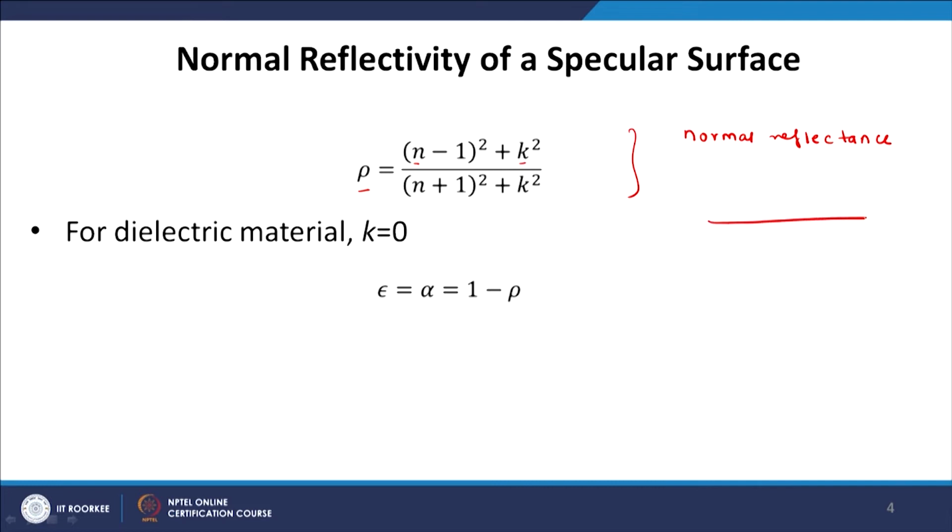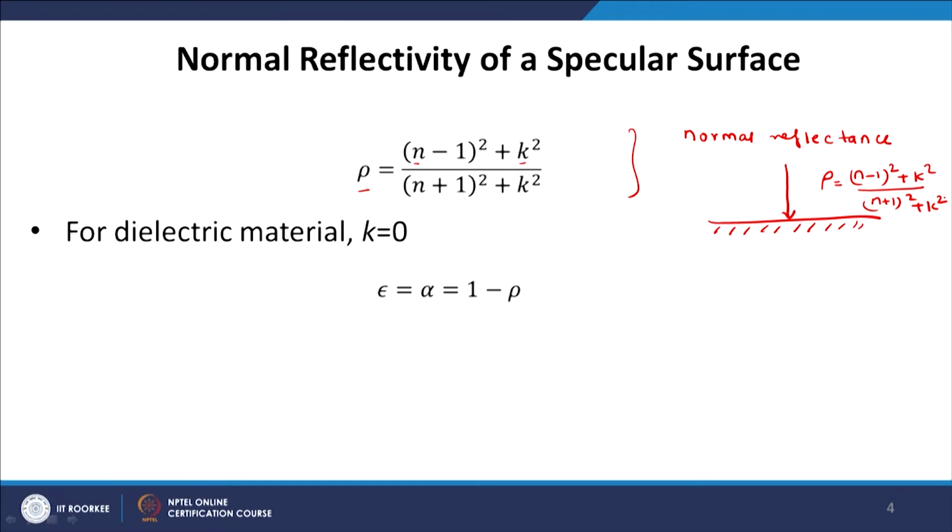That means, if there is a smooth metallic surface, and normal radiation, falling perpendicular to the surface, the amount of radiation reflected from this surface will be given by this relation: (n minus 1) square plus k square upon (n plus 1) square plus k square. So, this is for the normal direction.